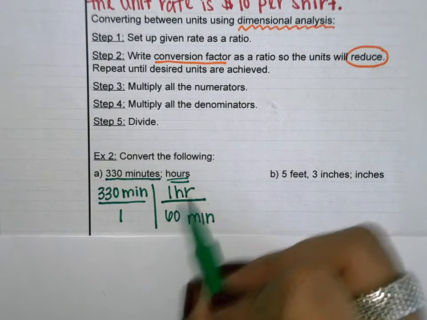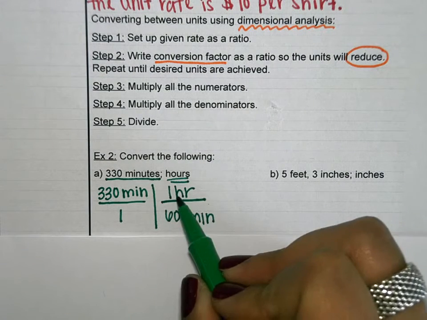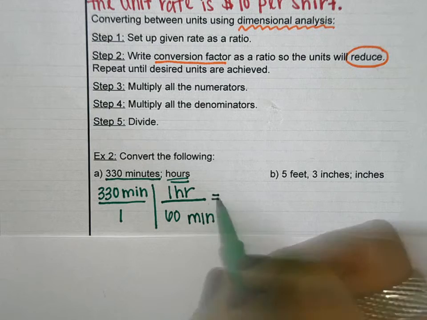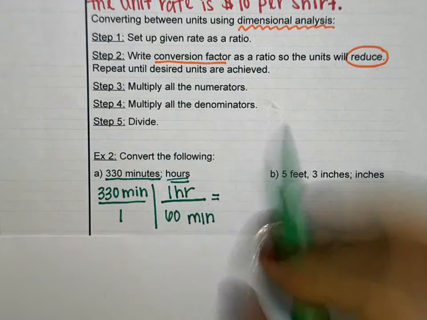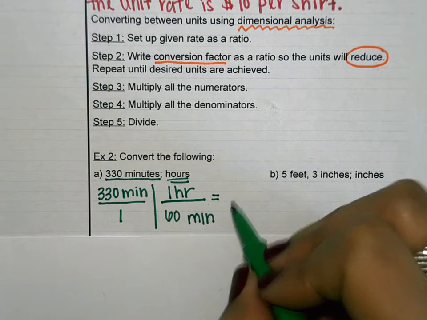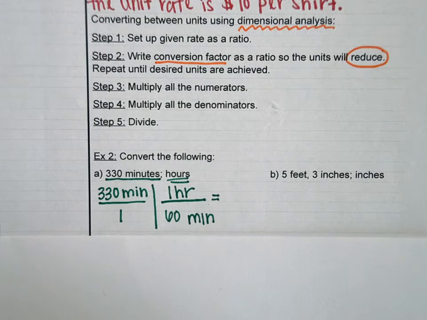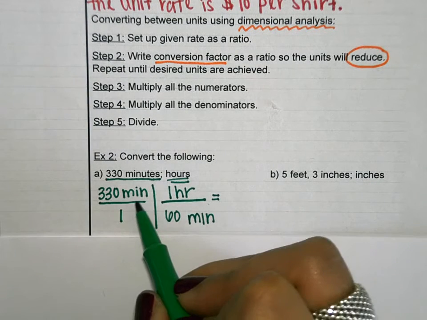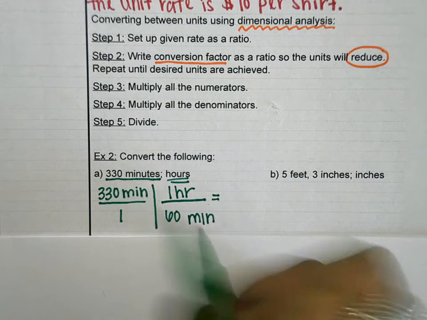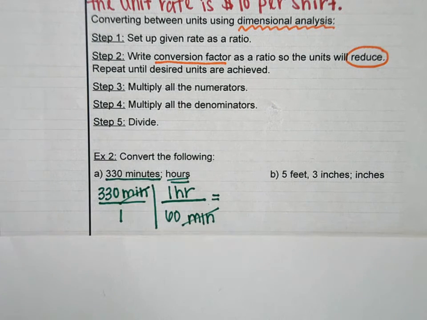And we finally got to our hours, so we're going to be done here. What we do is multiply the numerators and then multiply the denominators and divide. Here's what I want to make sure that I see. Because I have minutes in the numerator and minutes in the denominator, they reduce, so you can cross them out.